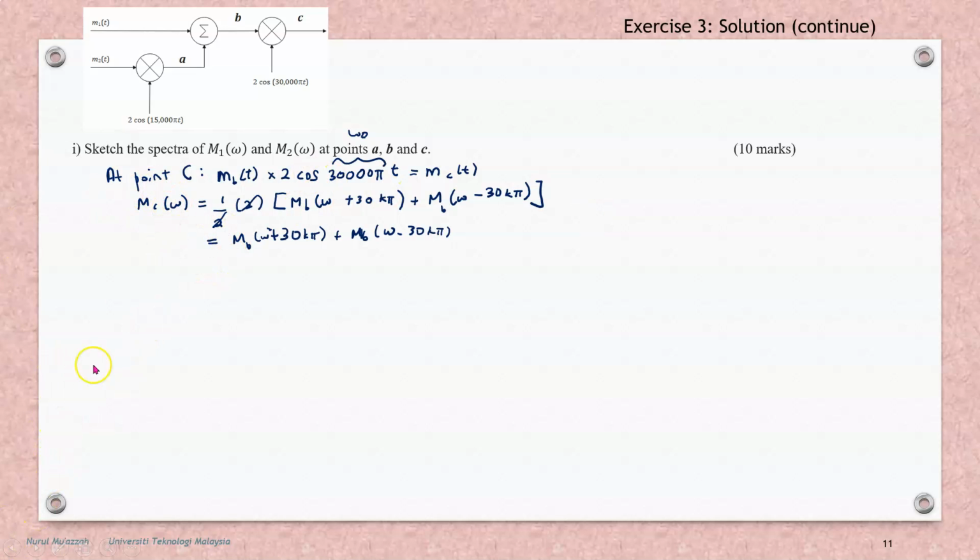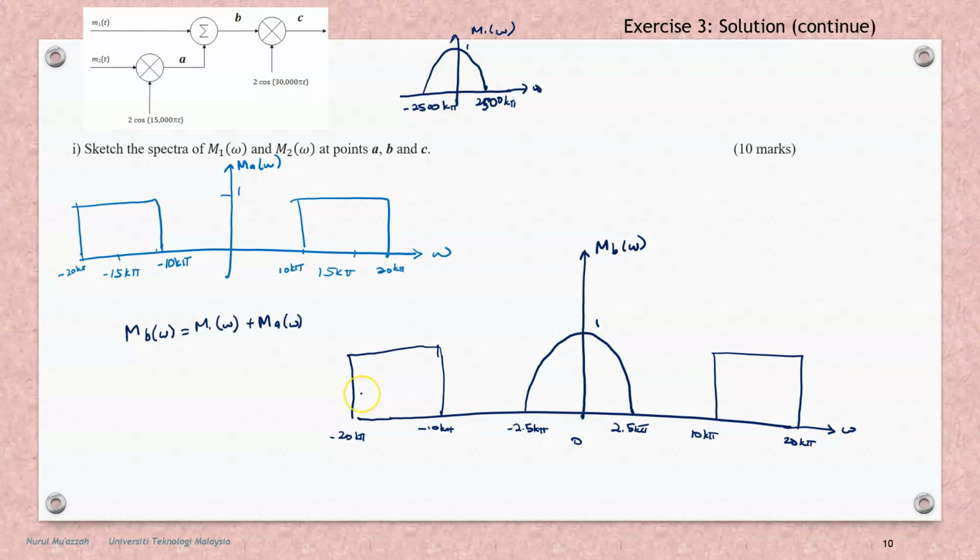As long as you understand the concept, you can leave it in terms of M_B. From the previous page, recall that we already know M_A(omega), which is at this point, and M1(omega), which is at this point, and then M_B(omega), which is at this point before it is being modulated. So this is how M_B(omega) looks.